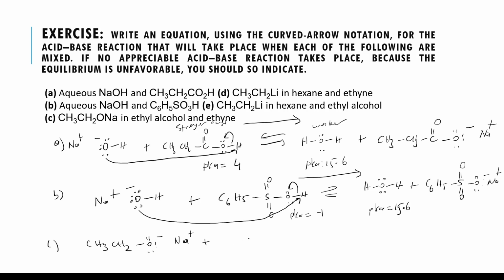Ethyne is an alkyne with 2 carbons. So it's an equilibrium reaction. One of the hydrogens of ethyne is acidic and sodium ethoxide is basic. The negatively charged oxygen is basic basically. So it's a Lewis base, an electron pair donor.